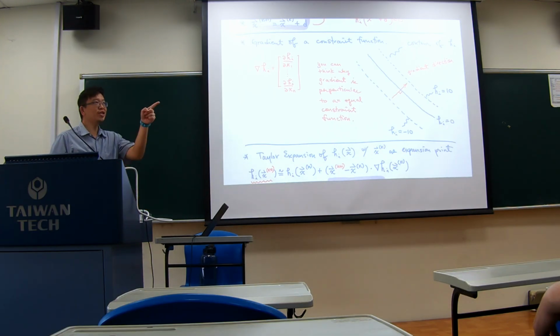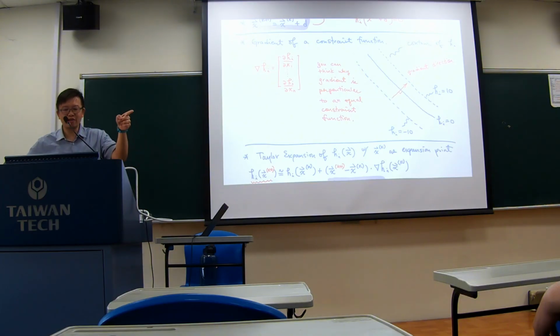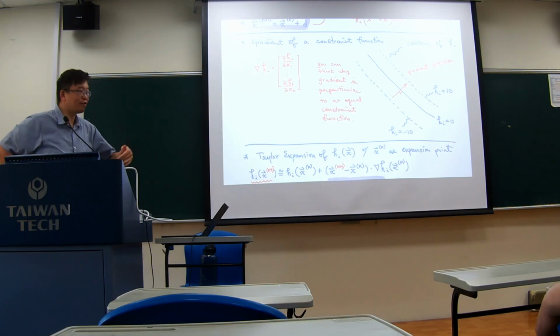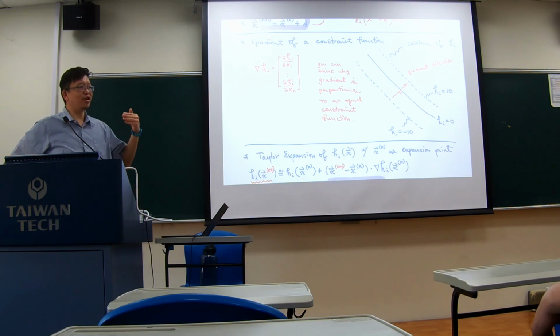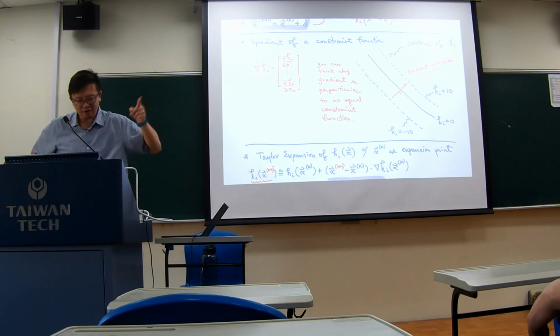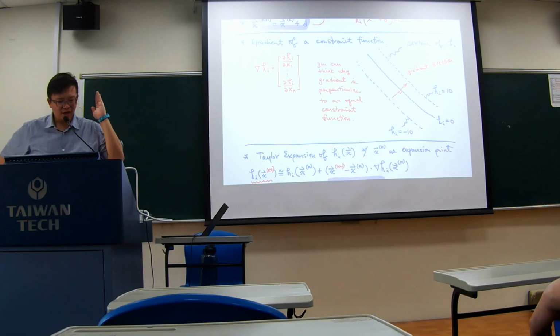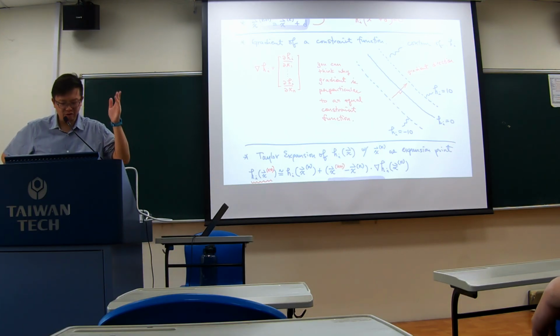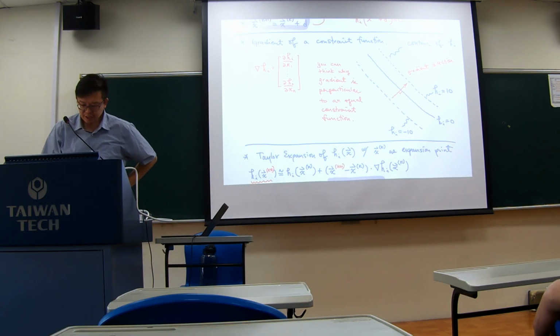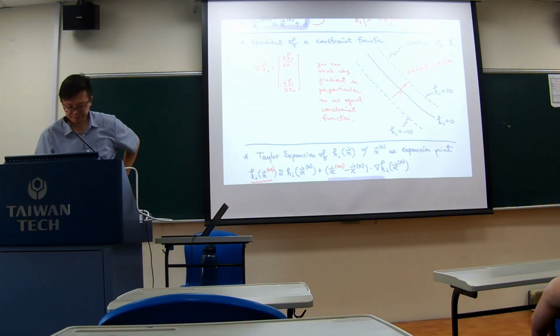Gradient points in the direction of function value increasing, because if you increase x, your function value increases. So that's the direction of your function value increment. But still it's perpendicular.